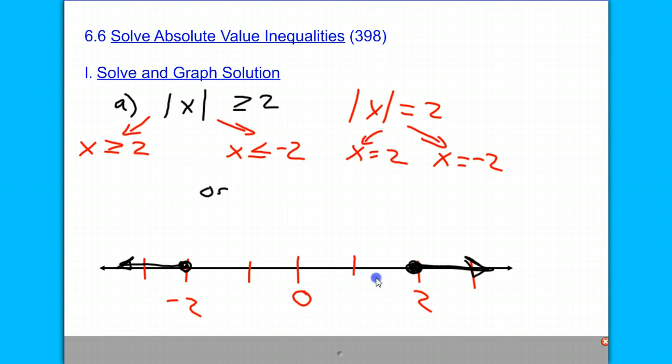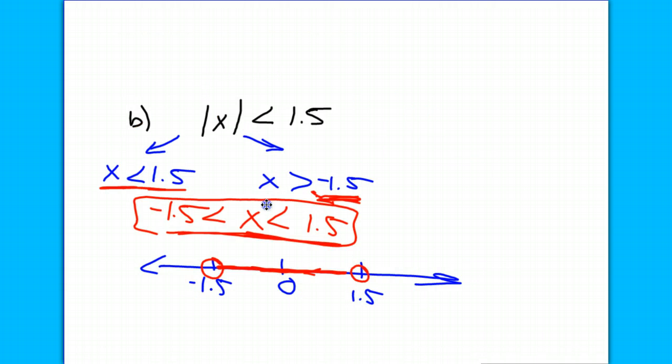An or. So I like to say when we have absolute value, if you have a greater than next to your absolute value, greater than or, GOR, right? When you have a less than pointing at your inequality, less than and, LAND. You either have LAND or GOR, okay?